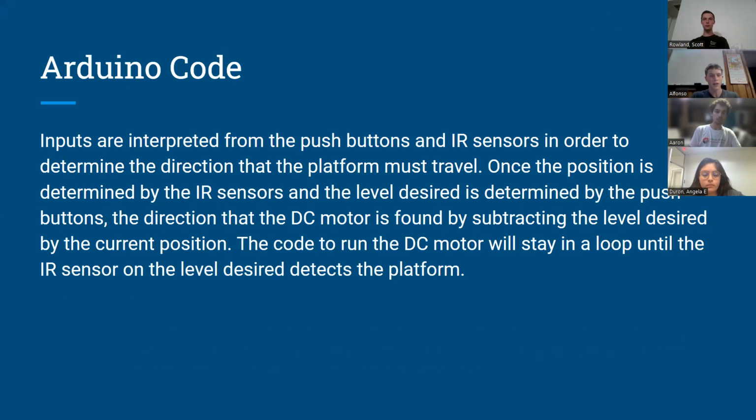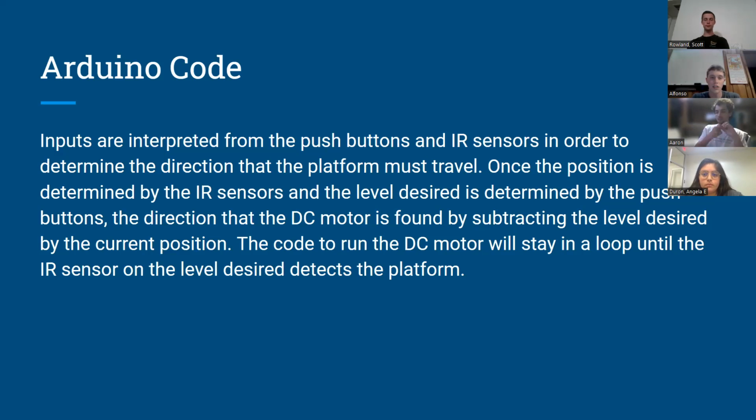Within the Arduino code, inputs are interpreted from the push buttons as well as the IR sensors in order to determine the direction that the platform must travel. The IR sensors determine the position of the platform, and the push buttons determine where the platform is desired to travel to.